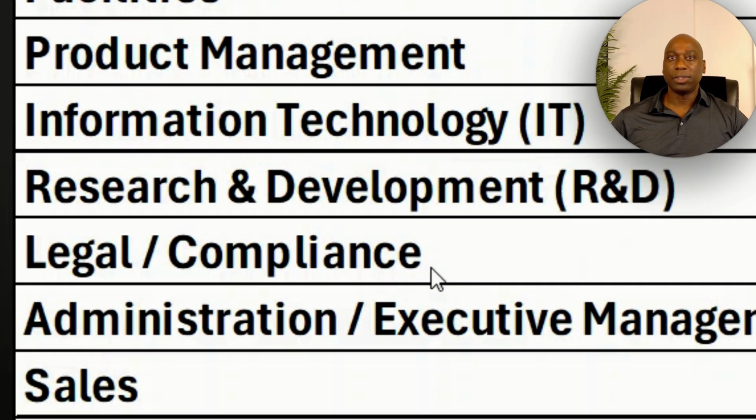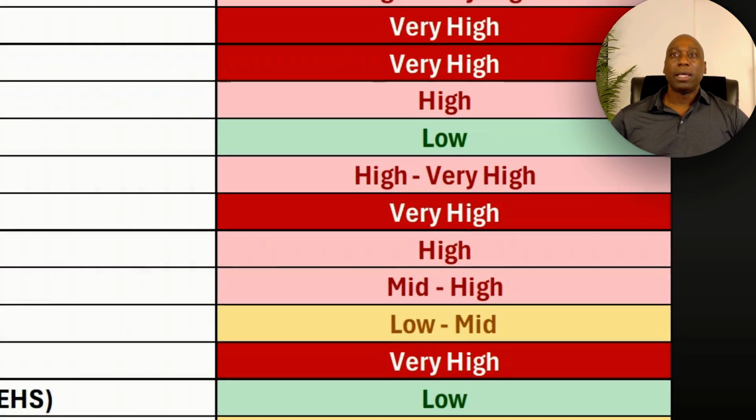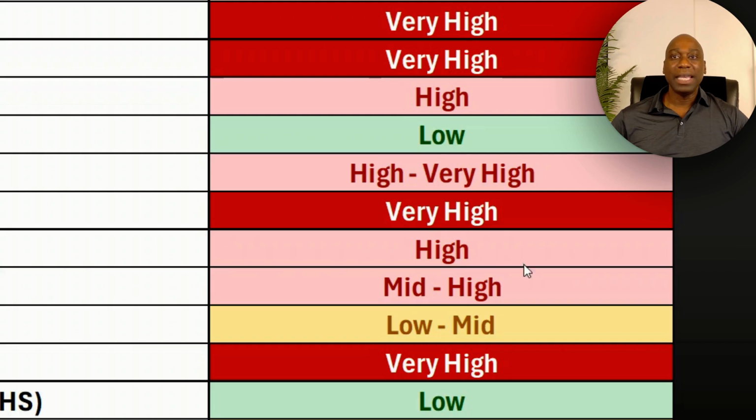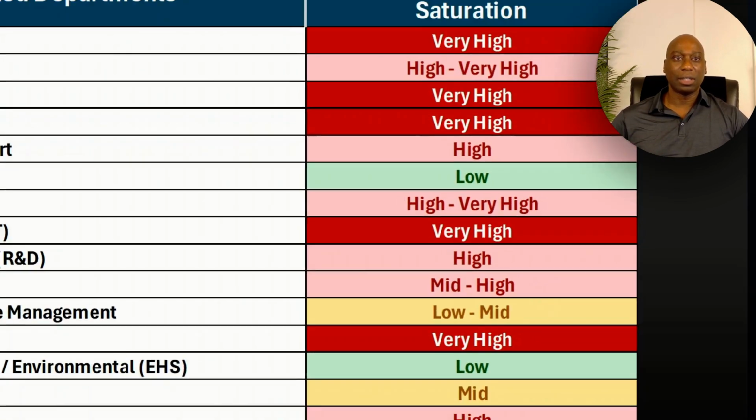Legal and compliance, in our example, is experiencing a mid to high level of change saturation, meaning that the number of things that are changing for legal and compliance range in total from a mid to a high level change saturation.